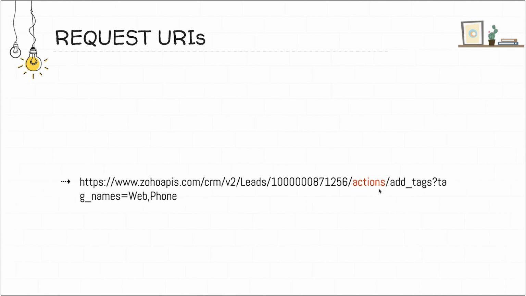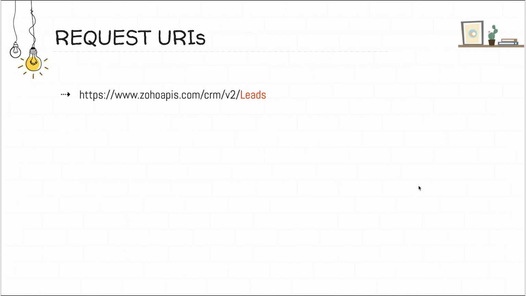After actions, if you want to add a tag, you could add a tag, or there's a method called watch, which could be used to get instant notifications. That would be the subscribe APIs. I'll cover that later. So these three URLs are how you could get information from CRM or input some information.